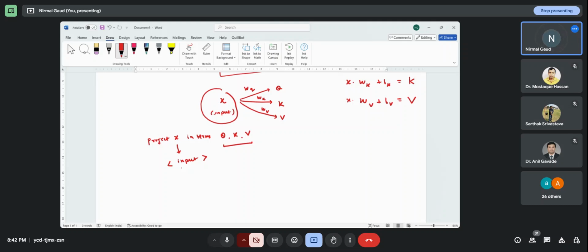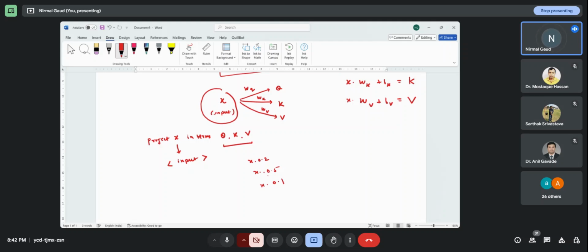And I am taking some trainable weights. Say, multiply x by 0.2, multiply x by 0.5, multiply x by 0.1.